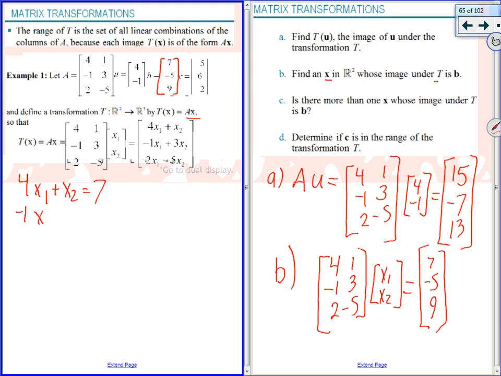Negative 1, x1 plus 3, x2 would equal negative 5. Already we have a system of 2 equations and 2 unknowns, so we could solve it as is, and then just make sure it works for row 3. If it doesn't work for row 3, what does that tell us? Yeah, and if it is an inconsistent system, what do you know about B?